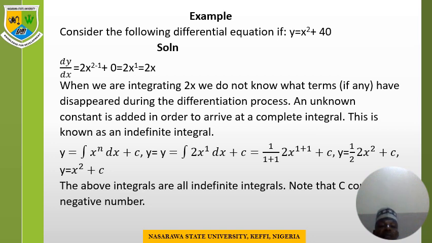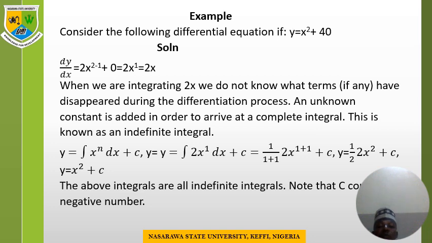If you look at the formula, the integral of x raised to power n dx plus c, is equal to y, which is equal to 2x raised to power 1 plus 1, plus c, which is our constant value.